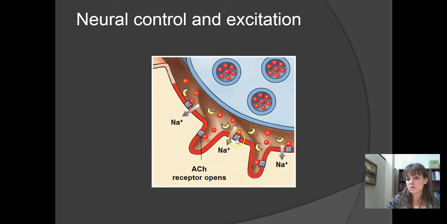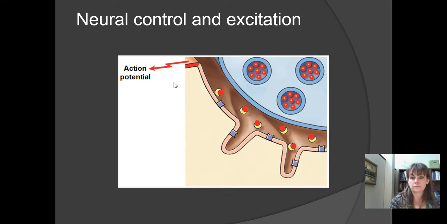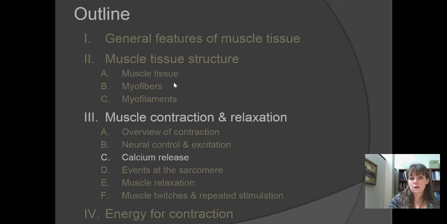When these receptors open, they allow sodium to come into the muscle cell. And that will then trigger an action potential. That's what this red is showing here. That will trigger an action potential along the muscle cell membrane, along the sarcolemma.